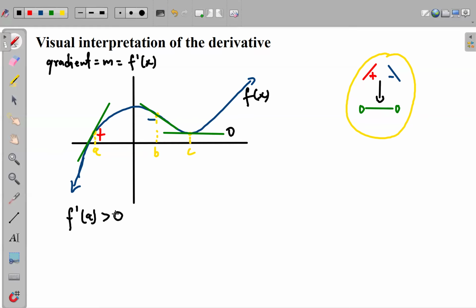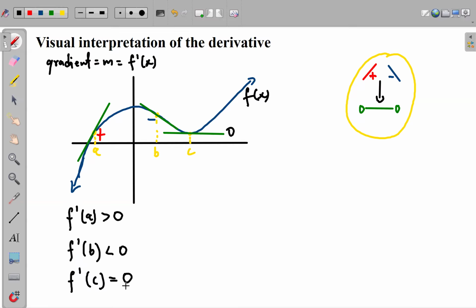When we say something is positive, in mathematical notation, we just say it is greater than 0, which means something that is negative is less than 0. Here the gradient at B is negative, less than 0. Finally, I also want you to note that the gradient at C is equal to 0.